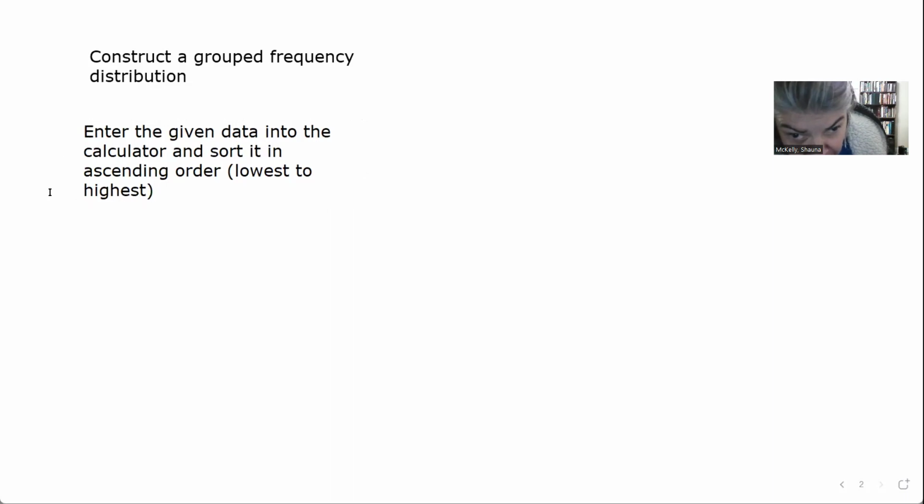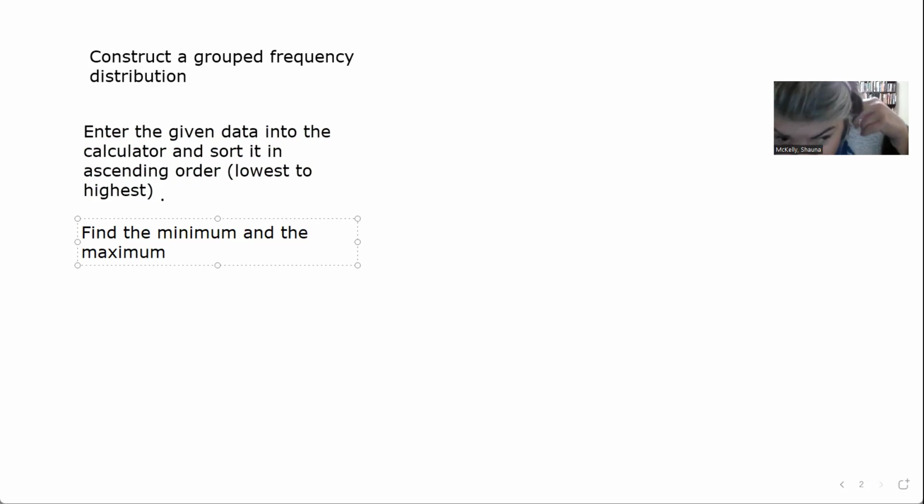The next thing we want to do is find the minimum and the maximum. Okay, so a couple of ways to do this.